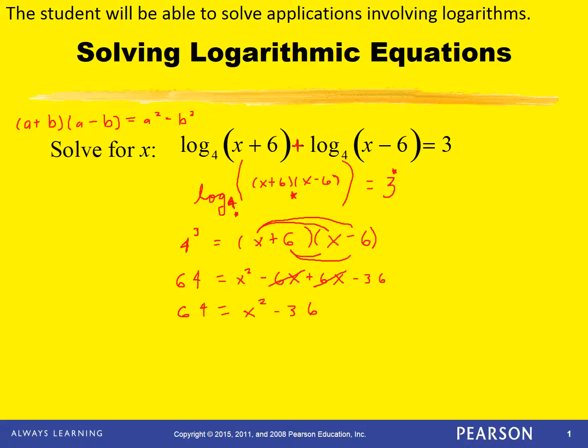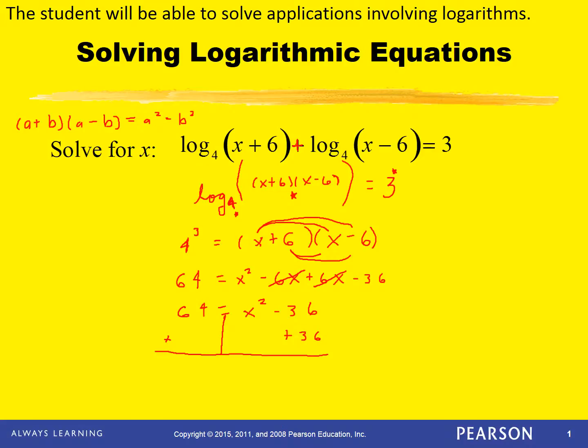Well, we want to get everything on one side here, so we're going to add 36 to both sides. Actually, because there's no linear term, there's an easier way to solve this quadratic equation. We're going to be able to get to a square on one side.